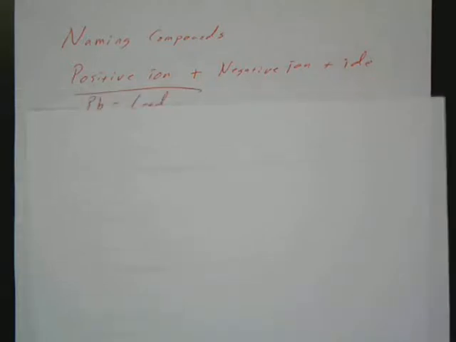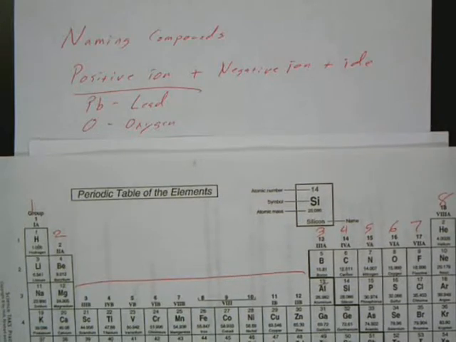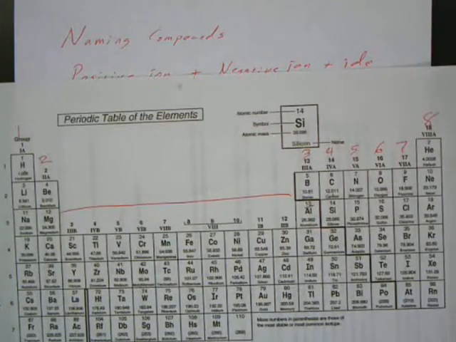For example, we had lead and oxygen. On the periodic table, when you find lead, where is it? PB. Row 4, last one.